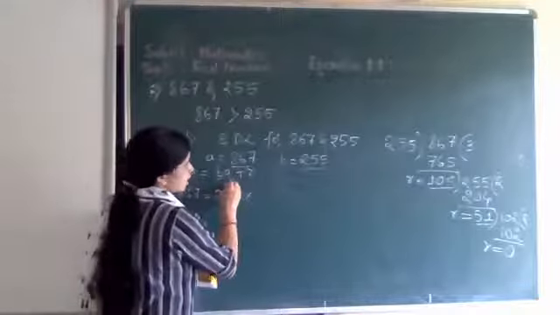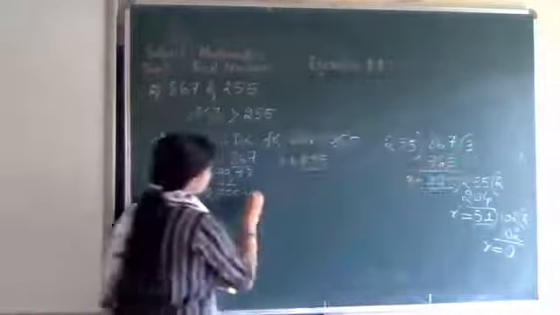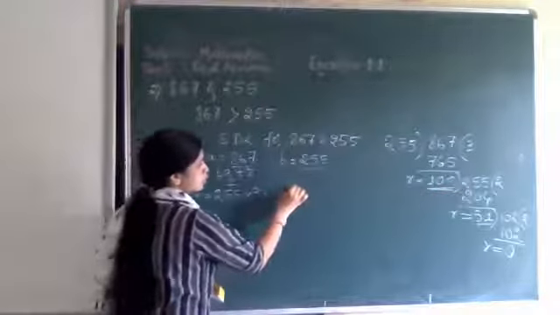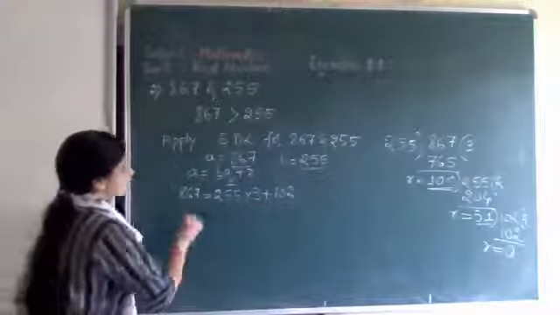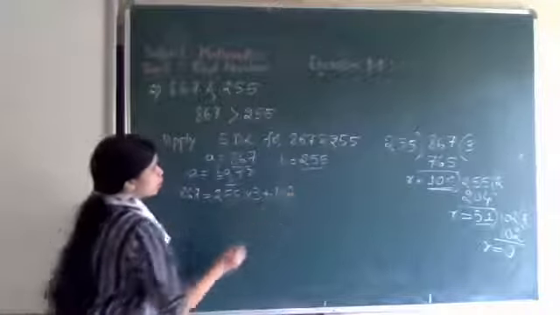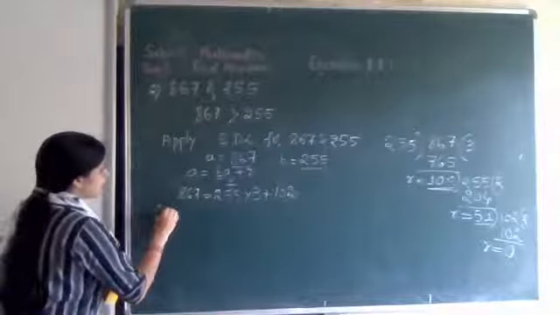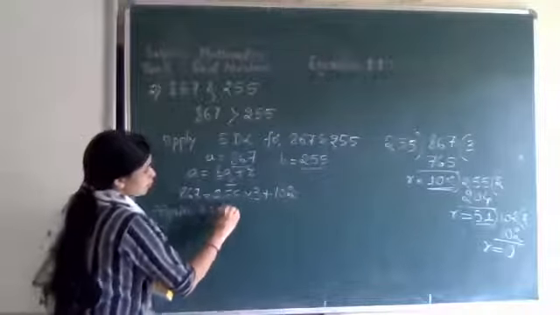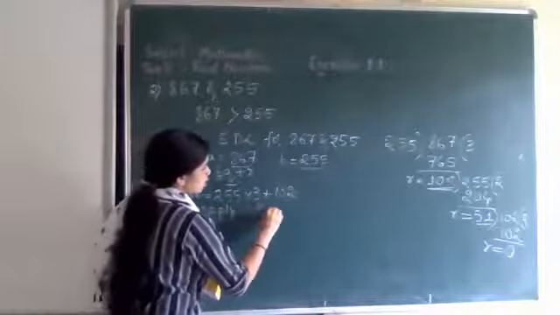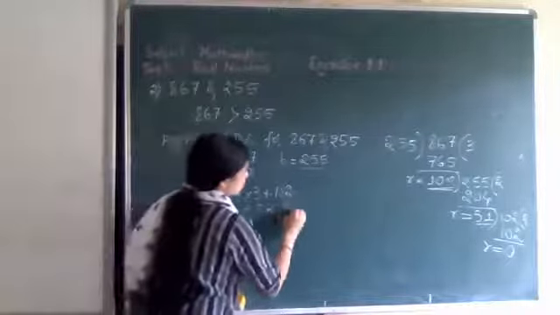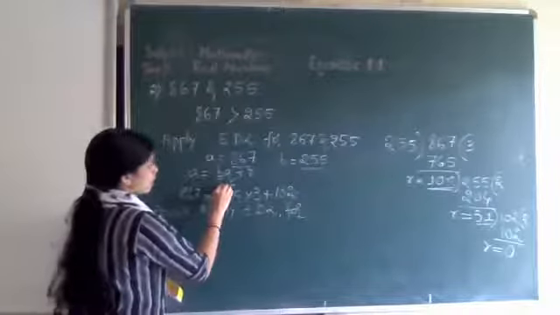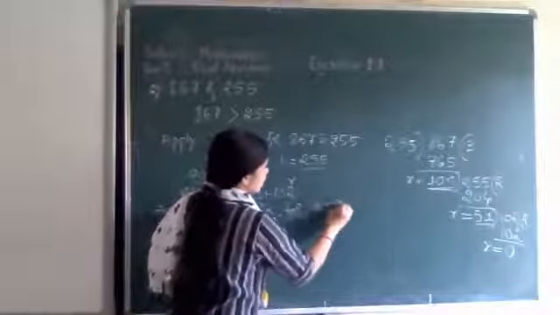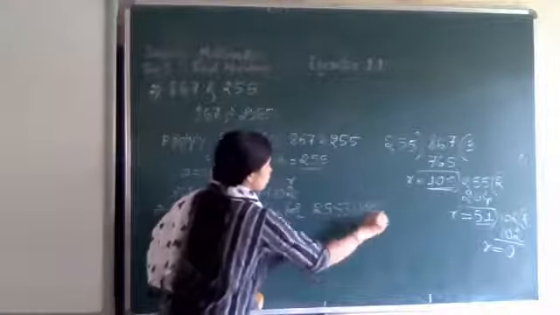And what is the quotient there? Quotient is B, plus remainder is 1 or 2. Here, since the remainder is 1 or 2, again we have to apply Euclid's division lemma for B and R. Here B is 255 and R is 1 or 2.